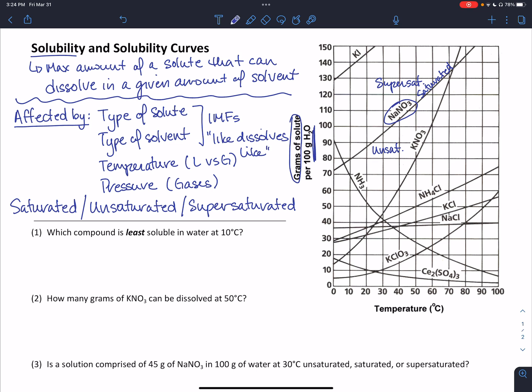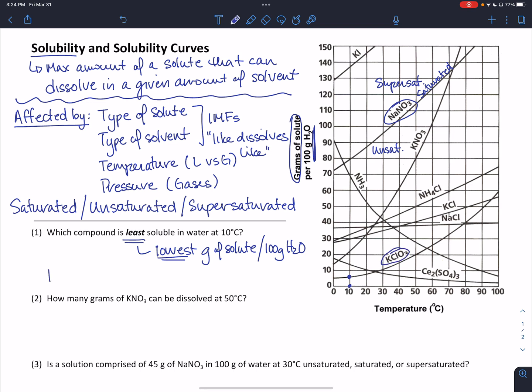We can also use it to determine which compounds are the least or the most soluble at a particular temperature. Something that's the least soluble will have the lowest grams of solute per 100 grams of H2O. So if we look at 10 degrees, which is right here, the lowest curve I see is right here, which belongs to KClO3.